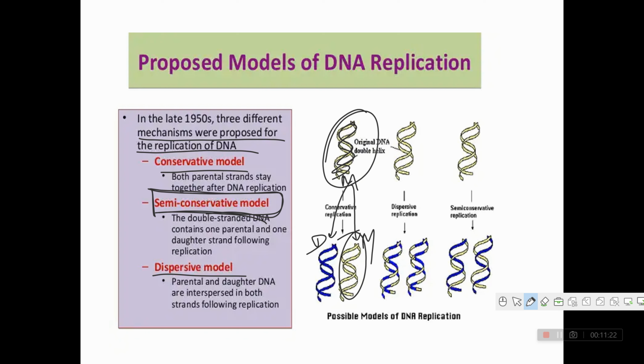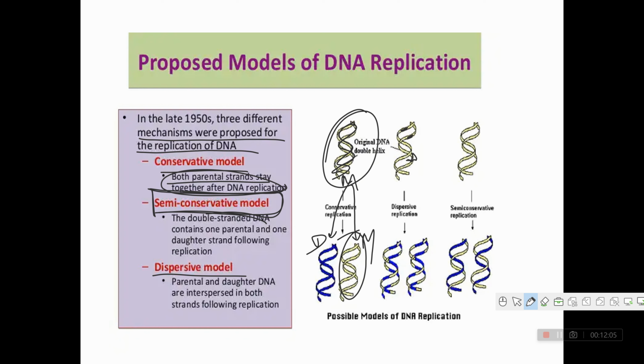In the conservative model, both parental strands stay together after DNA replication. They cannot share with their daughter DNA. They are totally separated. Next is dispersive replication. In dispersive replication, what happens? When replication takes place, they combine with their daughter DNA, in the middle.